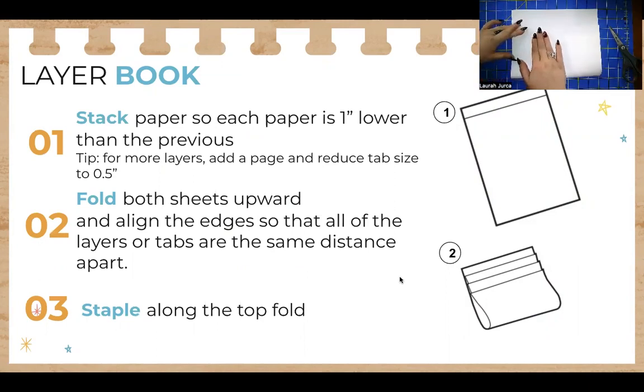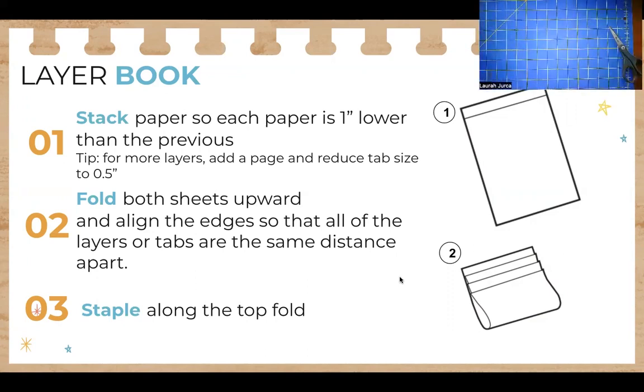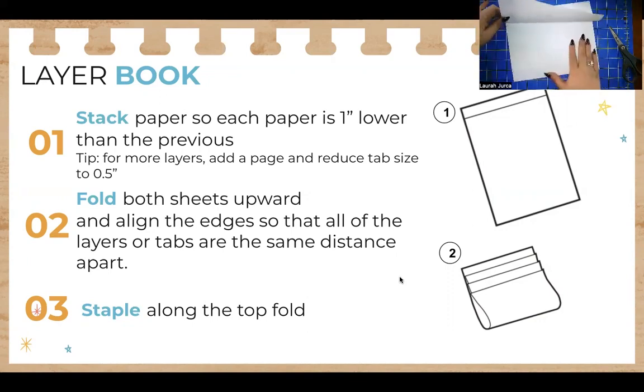Again, leaving it so that you're folding it up to about 1 inch below the last piece of paper. And you're just gonna fold, crease really well along that top line. And I like to staple so that it keeps all of my pieces together. But now I have a 4-layer flip book with a cover and then 3 different tabs.